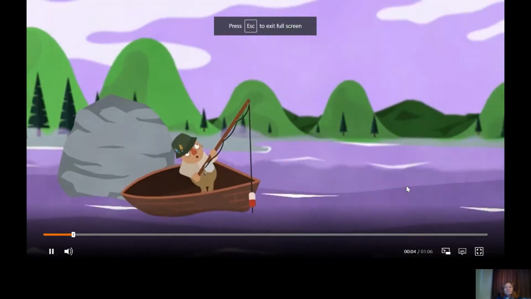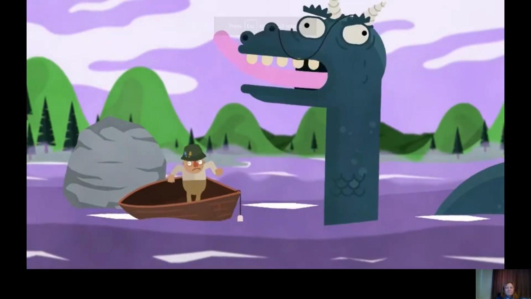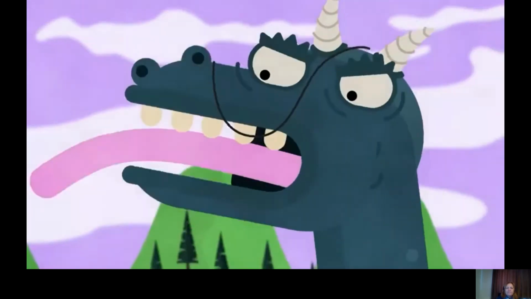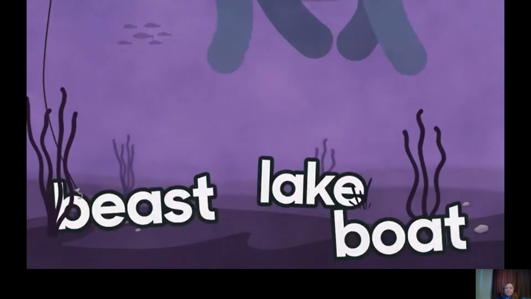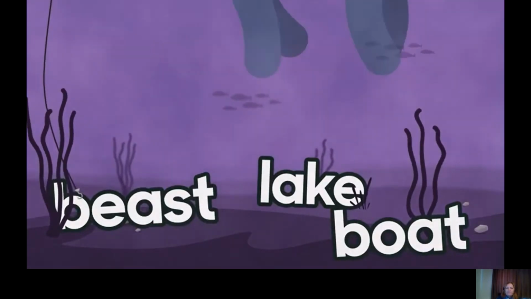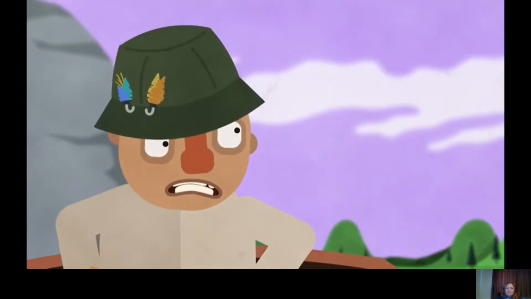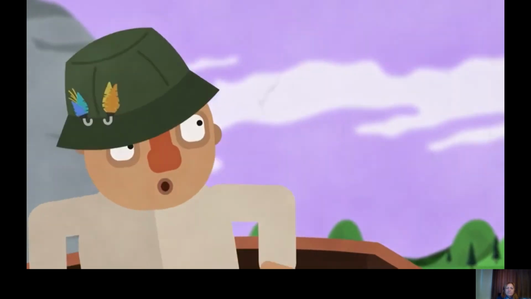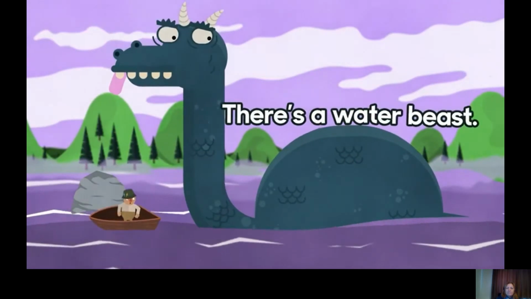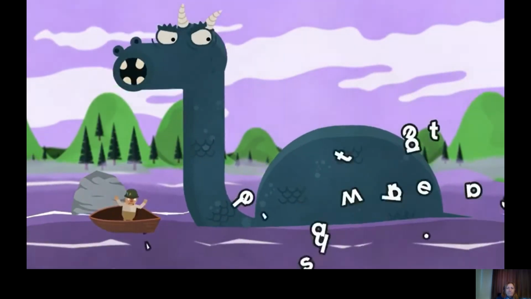Looks like you've caught more than you expected there. Help! There's a beast! Trapped on the lake! My boat is stuck! Nice use of your nouns there. Beast, lake and boat. How about we expand those noun phrases? Expanded noun phrases tell you more about the noun. So, there's a beast could be expanded to there's a water beast.